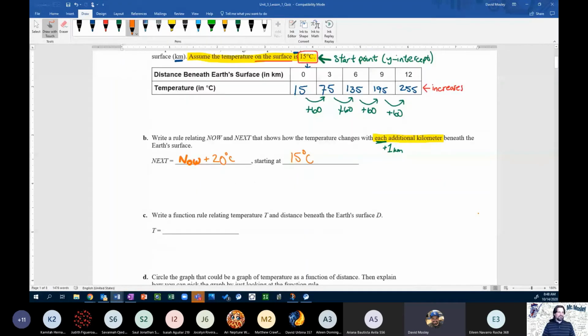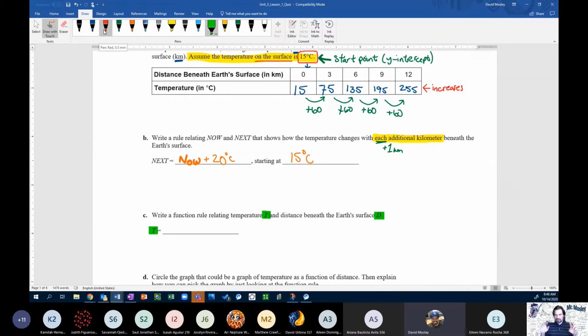Now it's asking us to write a function rule relating temperature T and distance beneath the Earth's surface D. So it's telling us what variables to use, T and D. It's even started us with the variable here at T. Temperature depends on the distance beneath the Earth's surface.